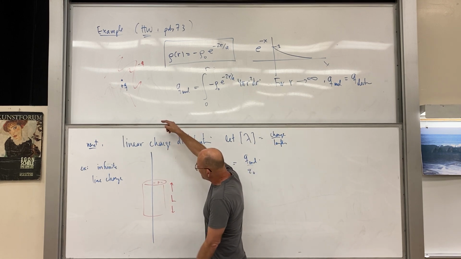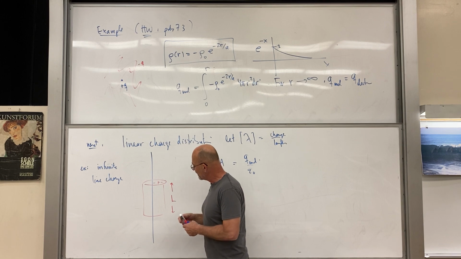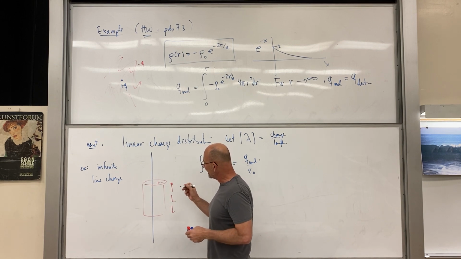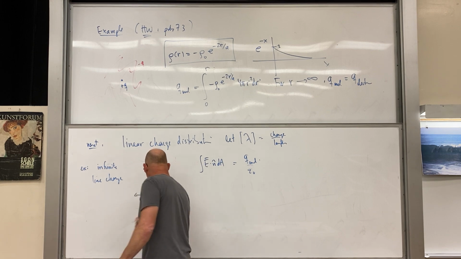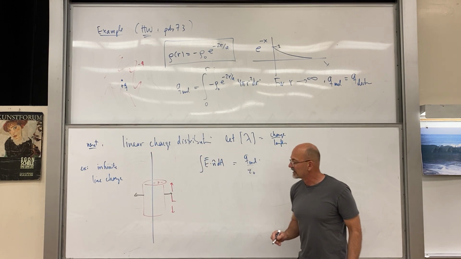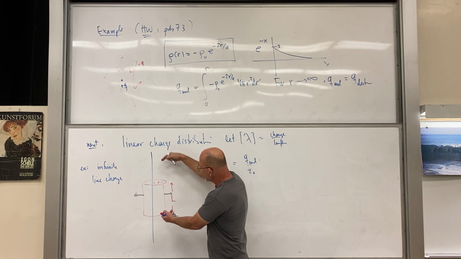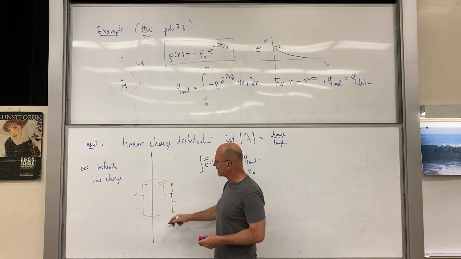Now, because it's an infinite line charge, or we're close enough for it to be effectively infinite, the E field can only have a perpendicular component. Okay? Any parallel component to the line charge would be negated by a field vector from the other side. Okay?